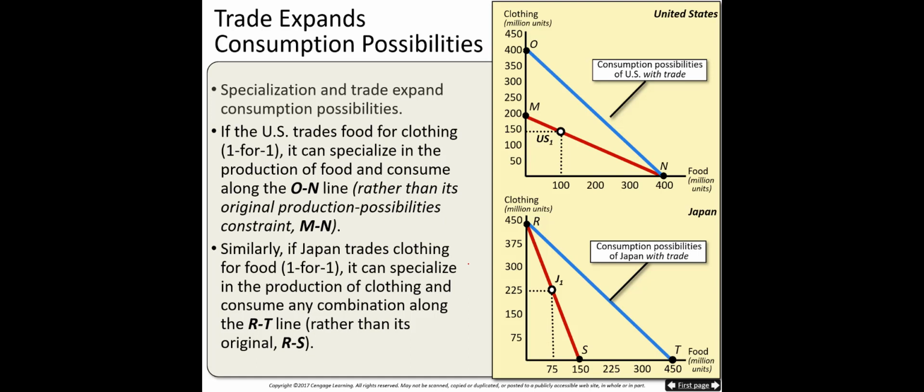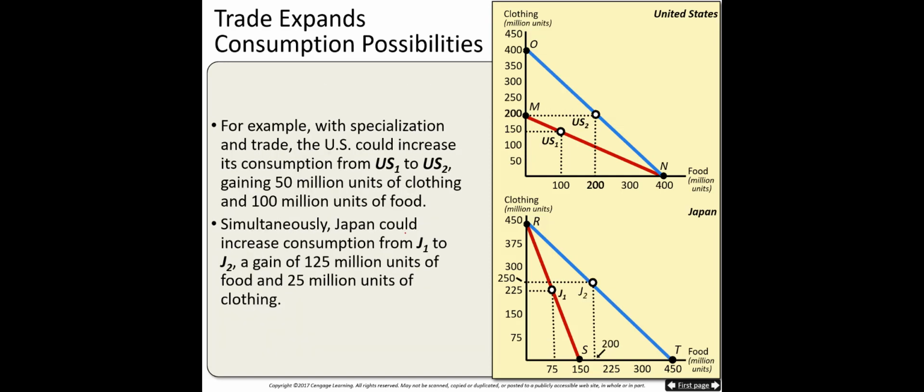Trade expands consumption possibilities for both countries. Now instead of 200 million clothing, the US has 400 million, so the PPC shifts outward. And Japan has more food, increasing from 150 to 450. For example, with specialization and trade, the US could increase its consumption from US 1 to US 2 on the new production possibilities curve.